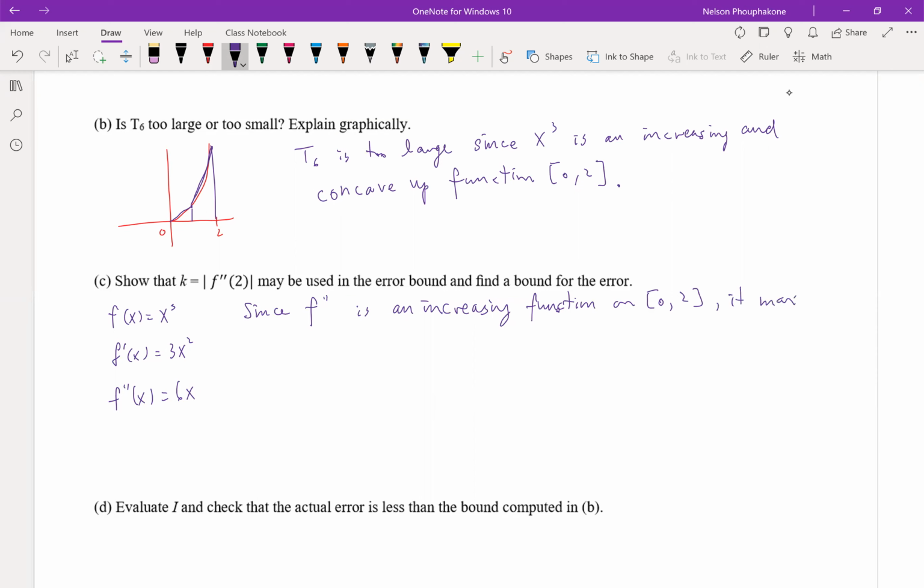its maximum value occurs at x equal to 2. We may take k sub 2 equal to f double prime of 2, which is 6 times 2, which is equal to 12. So we find that k sub 2 is actually 12.